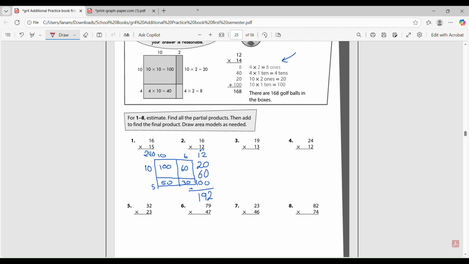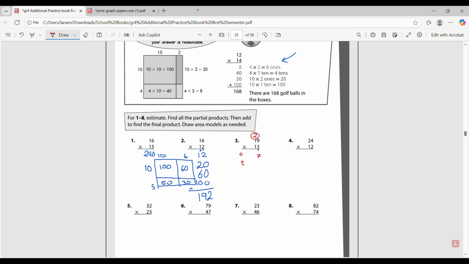Now, let's start with the ones of the first number, and I will write this line for the ones, and the second line will be for the tens. Now let's start with the ones line. 3 times 9 is 27.